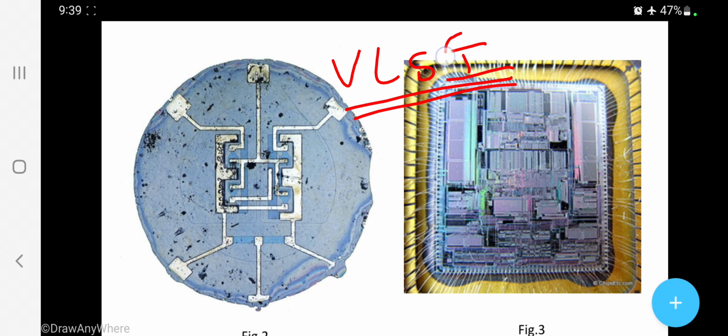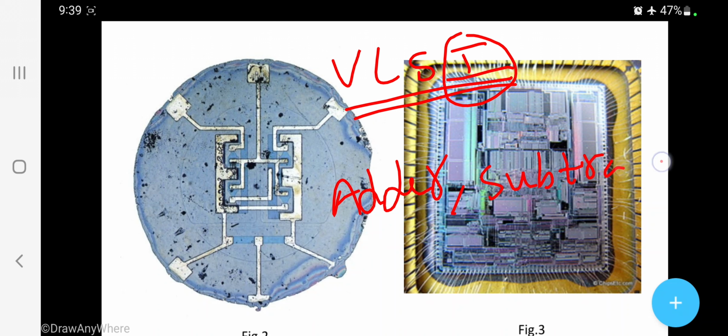And the meaning of integration here is, for example, if you have an adder circuit, a subtractor circuit, a multiplier circuit, and the memory, if they are individual ICs, the area occupied by these ICs is more.